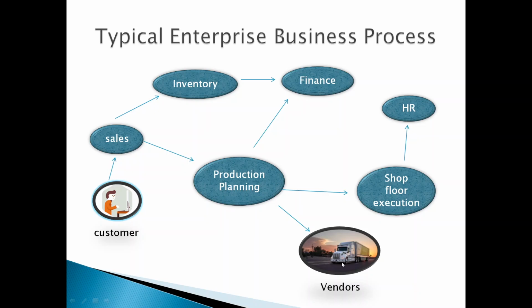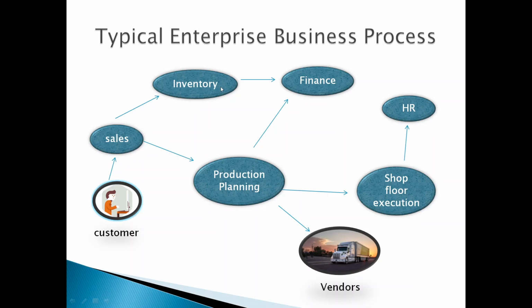Now, the production planning forwards the raw material to the shop floor execution for actual production, right? Now, once ready, the shop floor team sends goods to the sales team, who in turn deliver to the client.